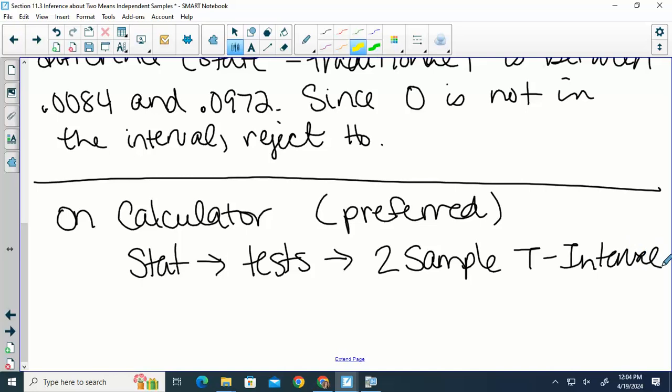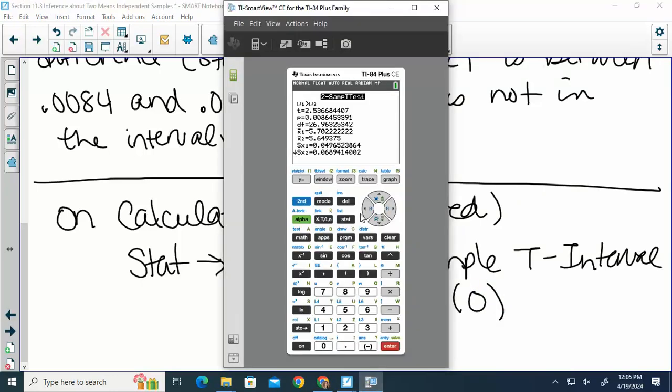So it's taking the normal things we do, the t-test and the t-interval, and we're just doing the two-sample t-test, two-sample t-interval. That was, I think, 0 maybe. Stat, Tests, 0. Okay, we're basing it off data.